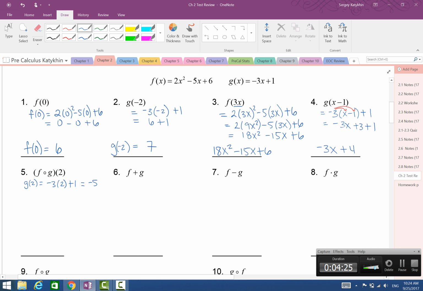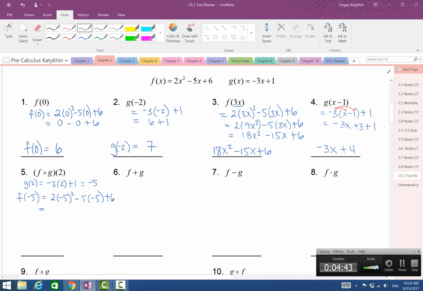I'm going to use f of negative 5, and from here I would substitute that in place of x, so it'd be 2 times negative 5 squared first, minus 5 times negative 5 plus 6.